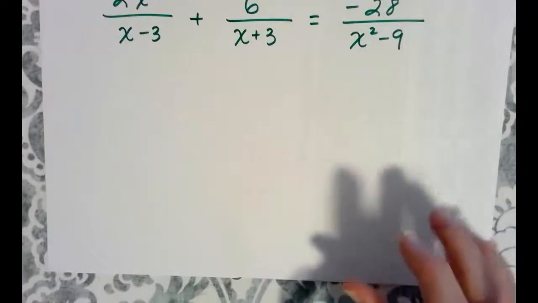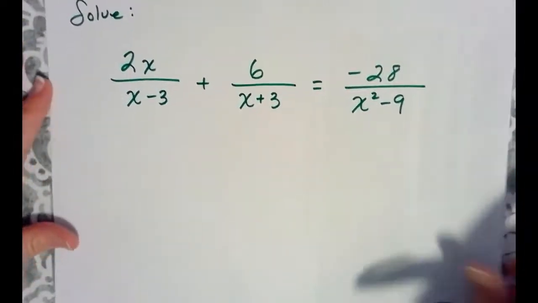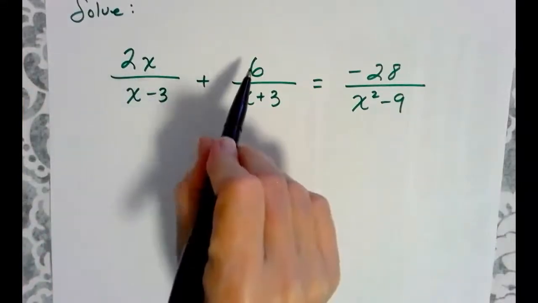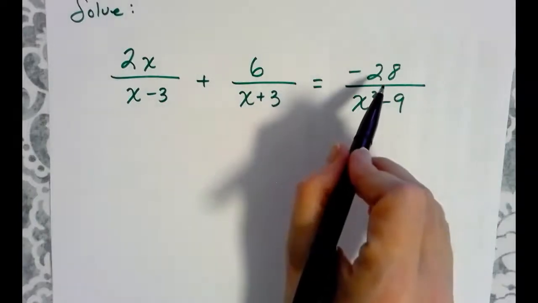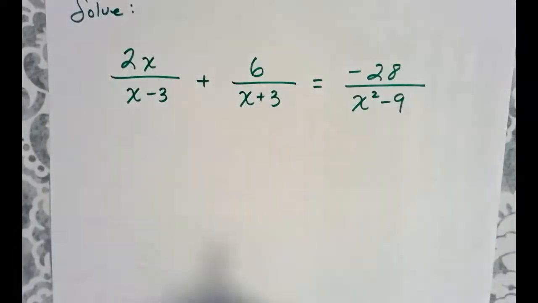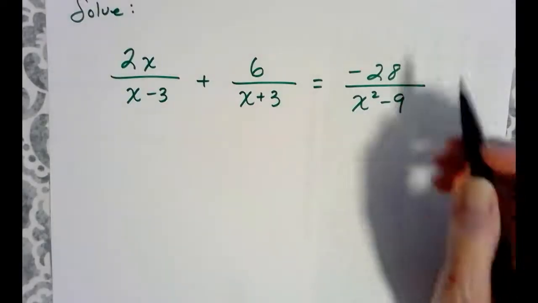One last problem. 2x over x minus 3 plus 6 over x plus 3 equals -28 over x squared minus 9. This is a rational equation, and the first thing we need to do is get a common denominator. And of course, x squared minus 9 is our common denominator.